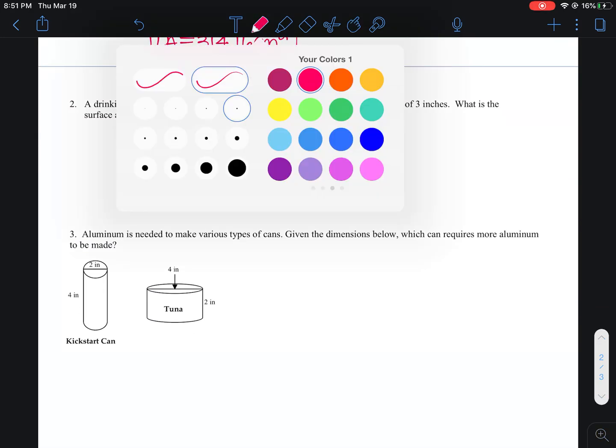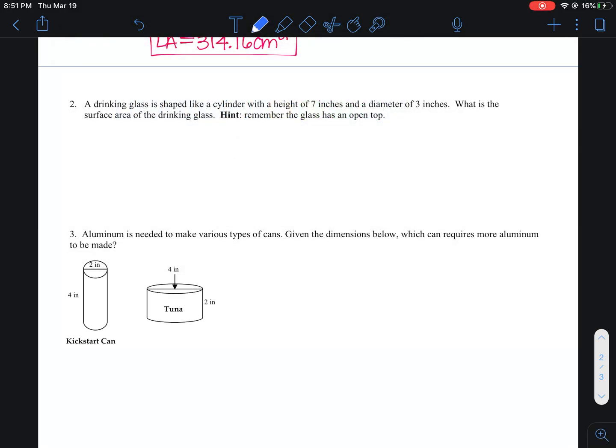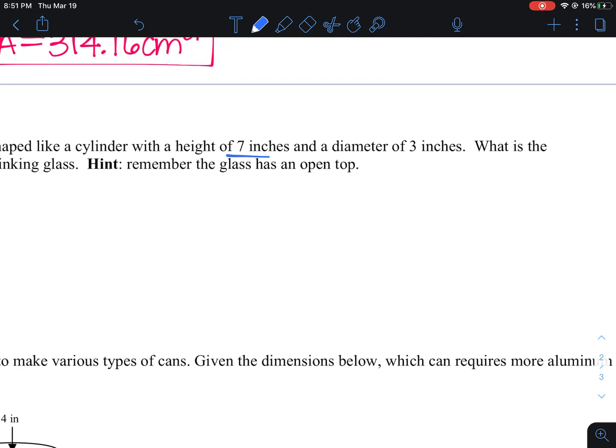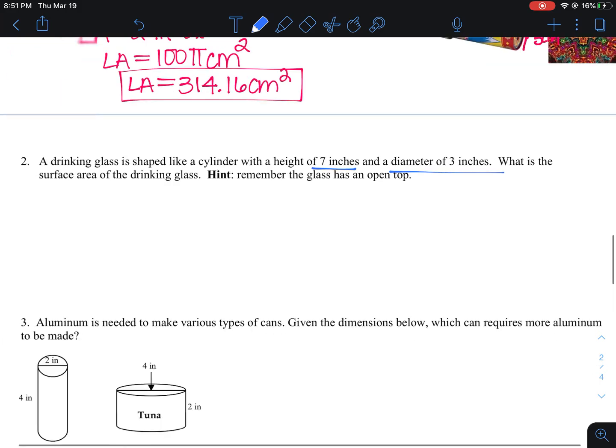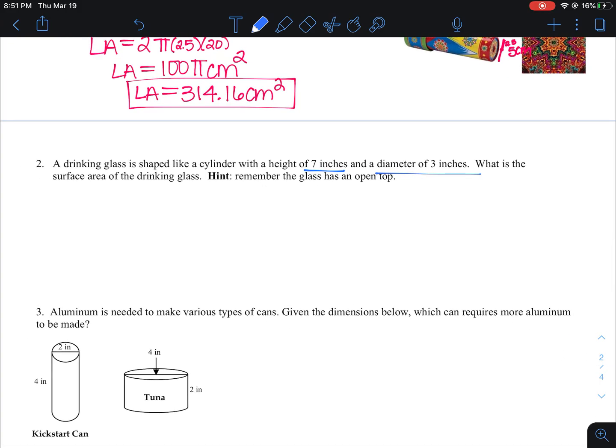Okay, so the next one says, a drinking glass is shaped like a cylinder with a height of 7 inches and a diameter of 3 inches. What is the surface area of the drinking glass? But remember this hint. The glass has an open top, right?